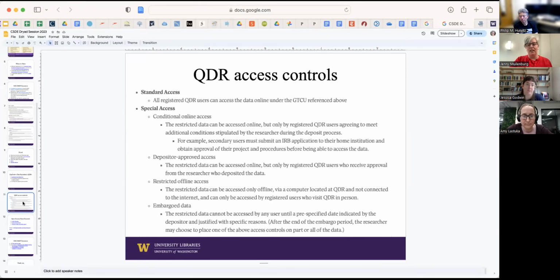But more specifically it is for folks who have the kind of access controls that we just kind of covered with examples. So, if you look here under special access, it'll say the restricted data can be accessed, but only by registered QDR users who agree to meet additional conditions stipulated by the researcher. You can see the next bullet down says it's only registered users who receive approval from the researcher who deposited the data can access the data.